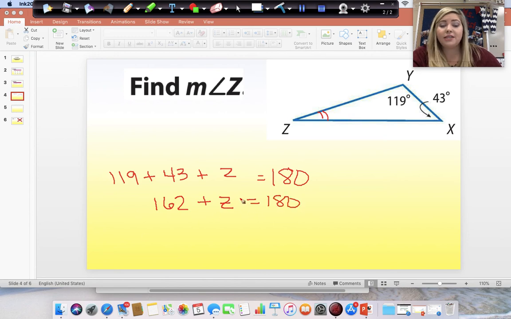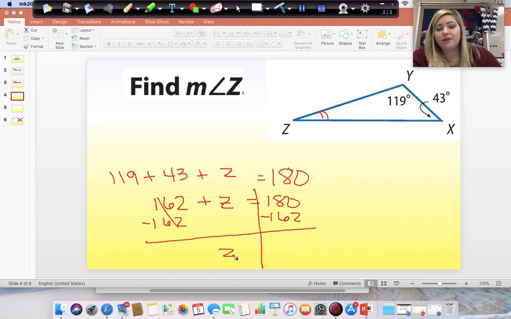To solve this is just a one-step equation. This is something you guys had in 6th grade. You draw the line down from your equal sign. You see what's happening to your variable. Z is being added to 162, so we have to do the opposite and subtract 162 from both sides. That cancels, and we are left with Z is equal to 180 minus 162, which gives us 18 degrees.